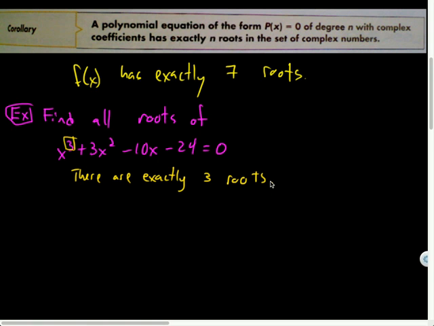In order to find those, we could just start plugging in values and seeing which ones give us 0 as an output. And instead of just directly substituting numbers in for x, we could synthetically substitute. In previous sections, they gave us one of the factors or one of the roots as a seed, as a starting value.